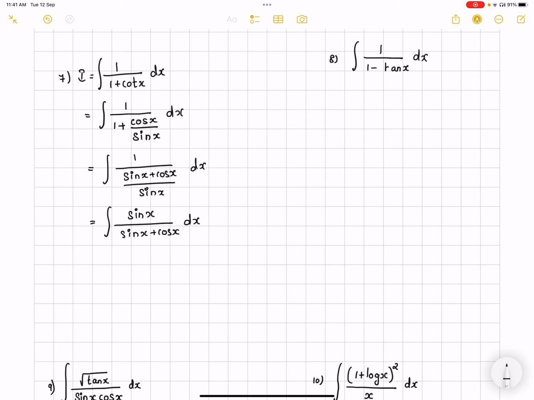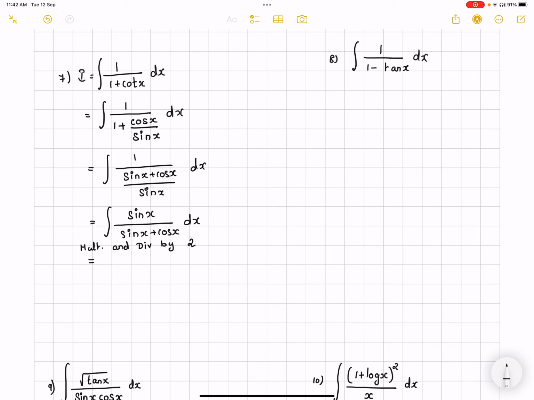Now what we need to do here is write it in such a way that the denominator and numerator appear in the same way. So I'm going to multiply and divide by 2.